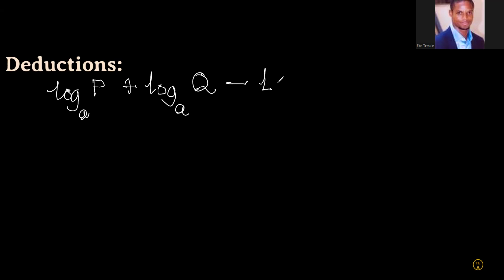We have log to base A of P, argument P, for example, and then we have plus log the same base A of another argument Q minus log base A of yet another argument R and minus still log to base A of the final one S.